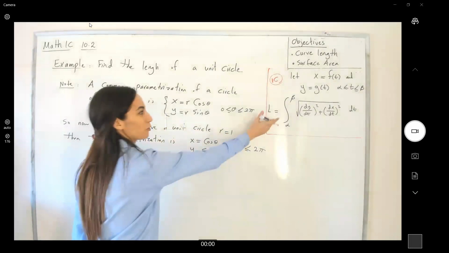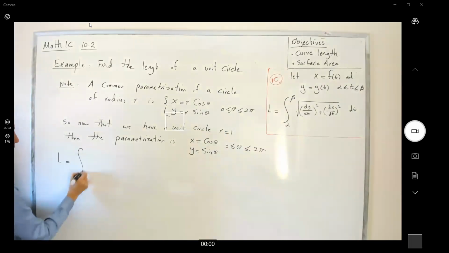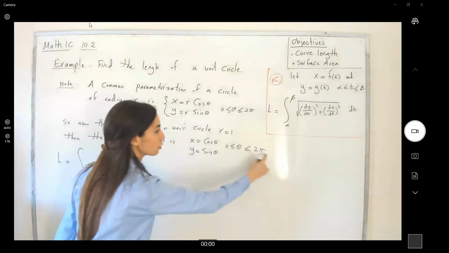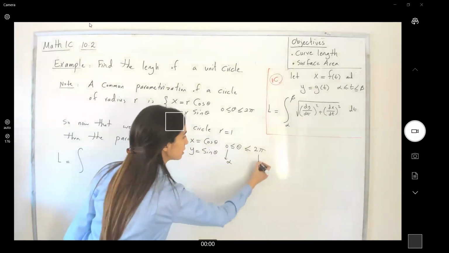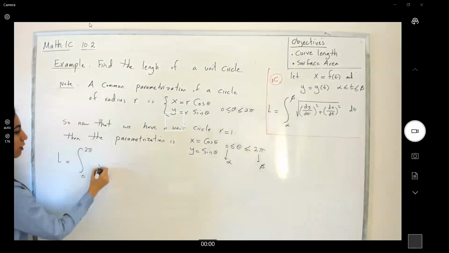We have a nice formula to find the length of the curve. L is equal to the integral. My theta or my parameter is bounded between 0 to 2 pi. This is your alpha, this is your beta, so 0 to 2 pi square root of.